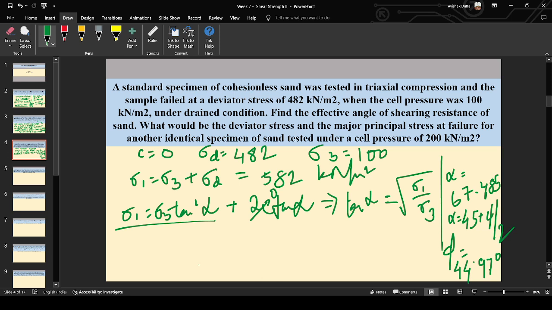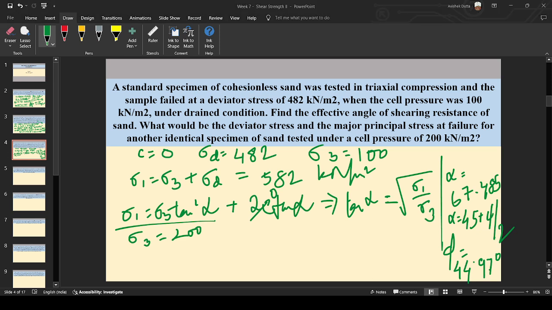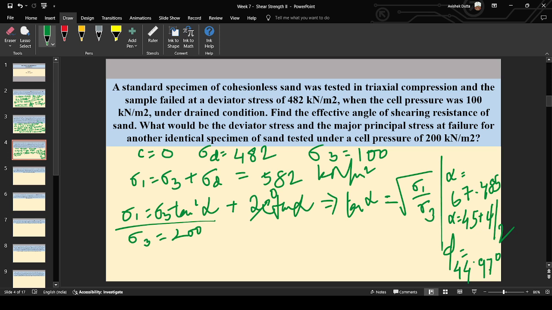Now for the next specimen, when sigma 3 is 200, then sigma 1, again it is sand, so C equals 0, same case. So sigma 1 will be equal to how much? Sigma 1 equals sigma 3 tan square alpha.